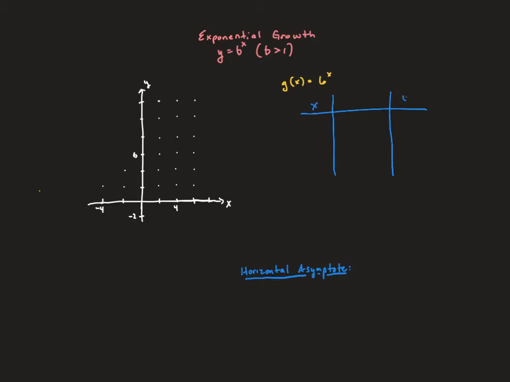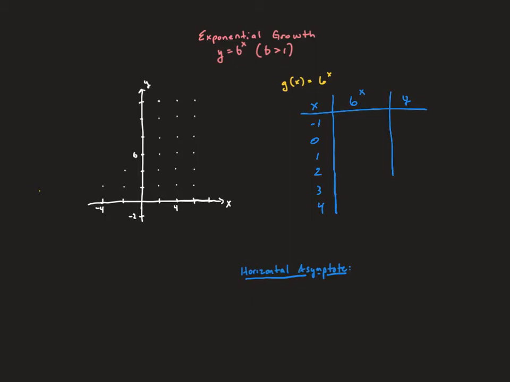So I have x, y, I have 6 to the x power, and I'm going to start with, let's go with -1, 0, 1, 2, 3, 4 maybe.